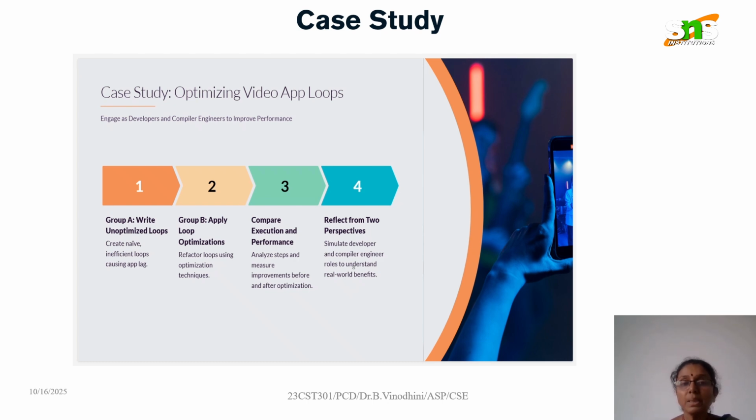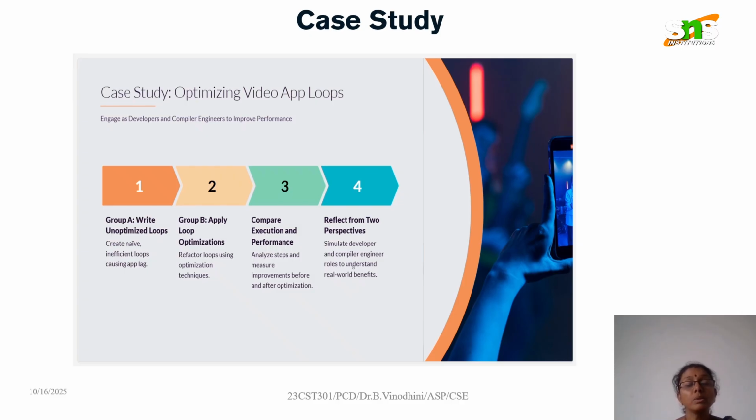Now the simple case study: we apply this to two groups in a company, the developer group and the compiler engineer group, for optimizing video loops. The developer group writes the unoptimized loop for the particular video app conditions, and the compiler engineer group applies the loop optimization techniques to refactor the loop.